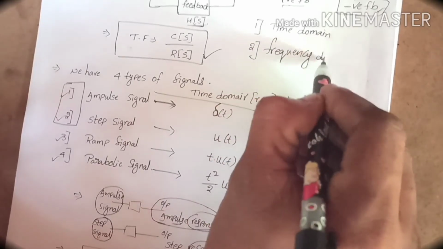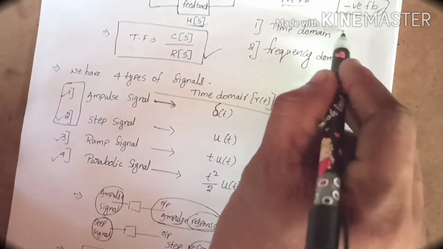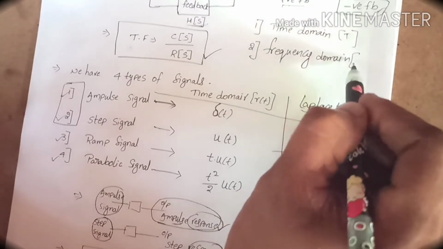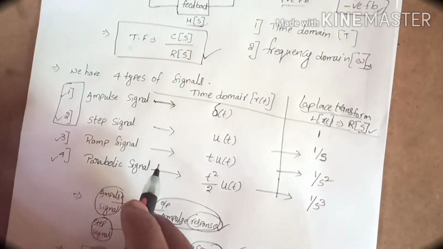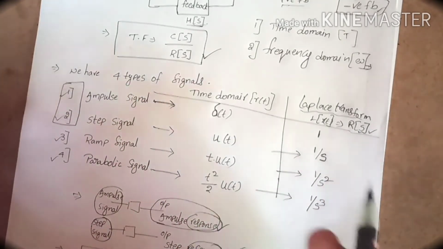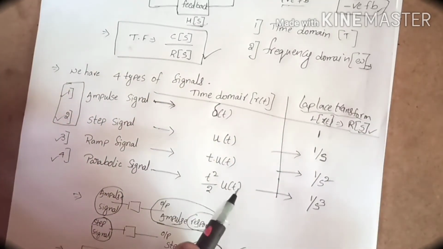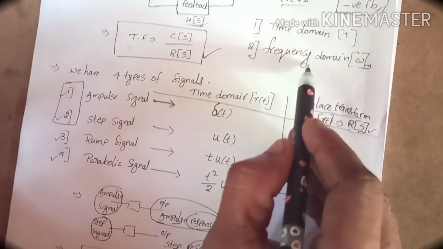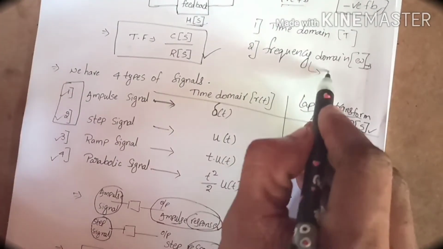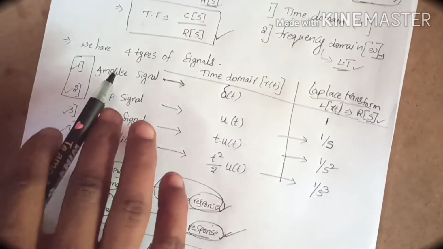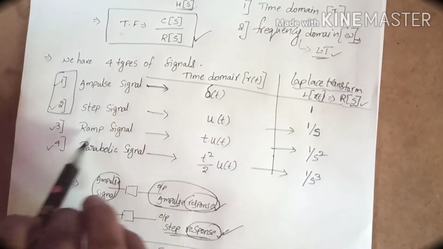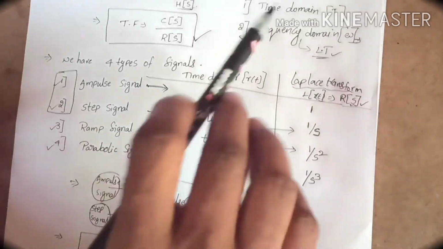In the frequency domain, many transforms are there: Z transform, Laplace transform, Fourier transform. Out of these, we are using the Laplace transform. So how do we write these 4 signals in these domains?